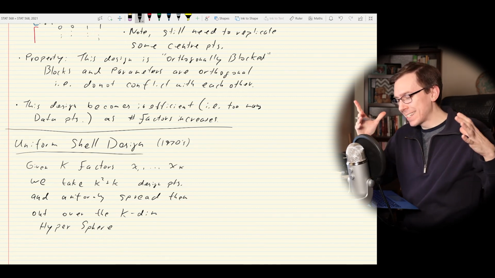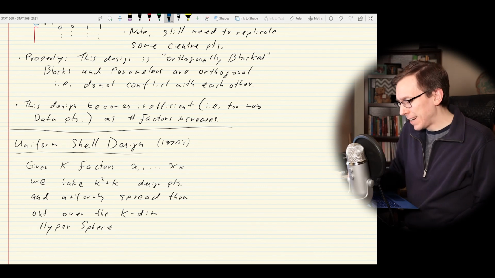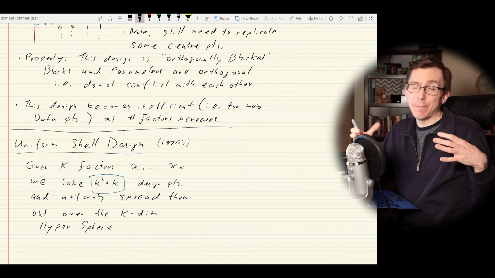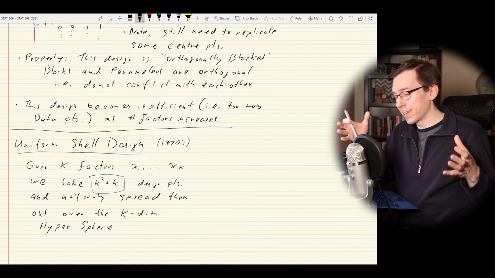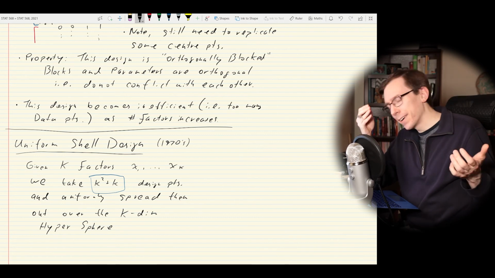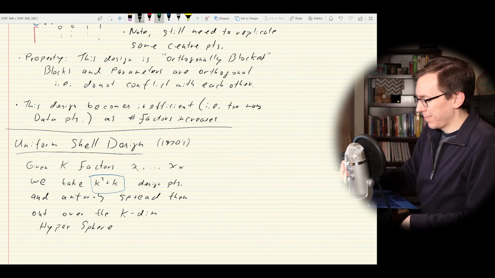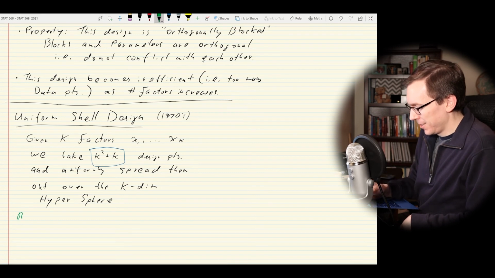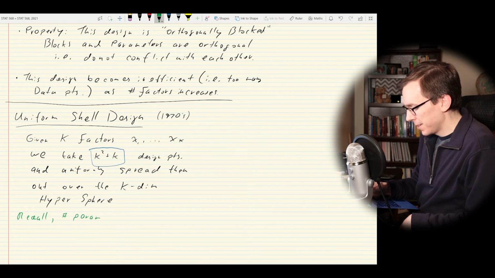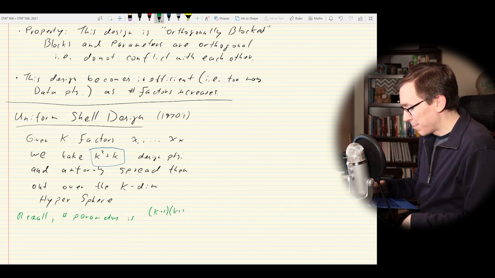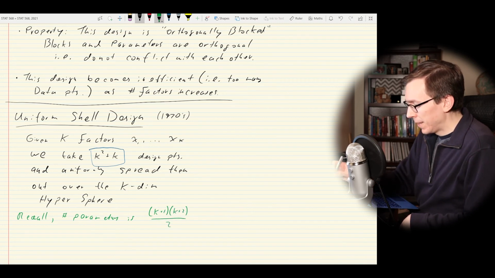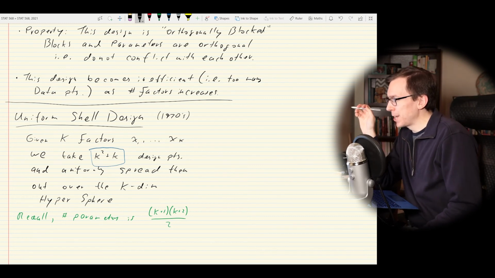But the idea, right, goes back to what I talked about in the last lecture, that the number of points we really need to be able to estimate all the parameters in our response surface is on the order of k squared. Recall that the number of parameters is (k+1)(k+2)/2. So I'm not 100% sure why they decided to pick k squared plus k.